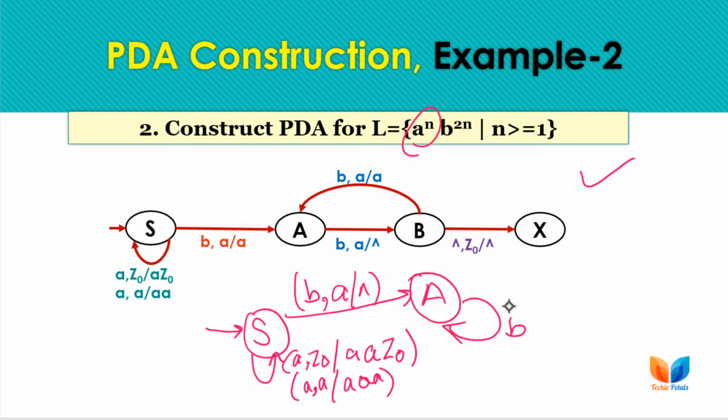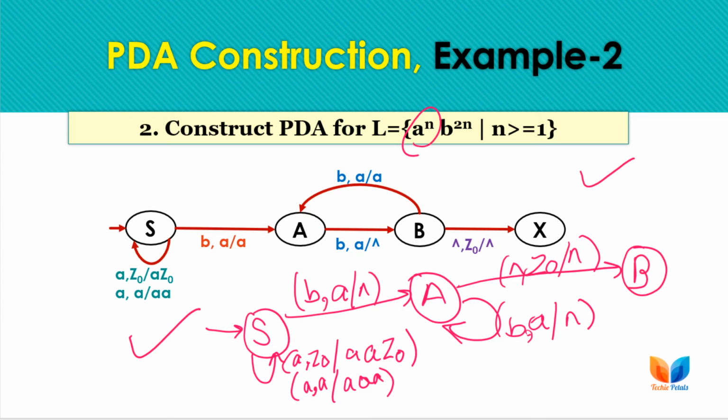All B's will be cancelled out with corresponding A, and at the end of the string we can simply show the acceptance: null, stack top is Z0, replace it with null and move to the next state. Okay, so this can be the second option for this possible question.